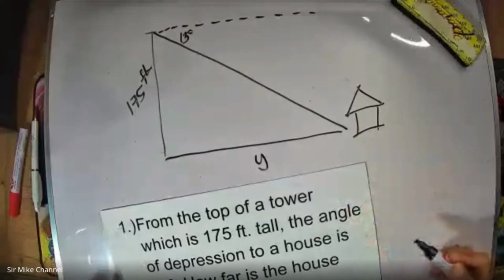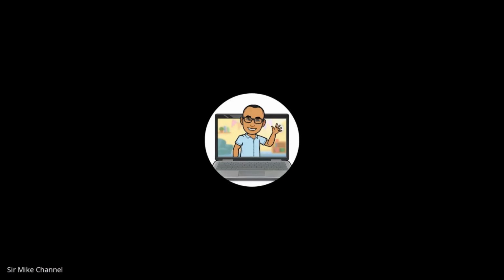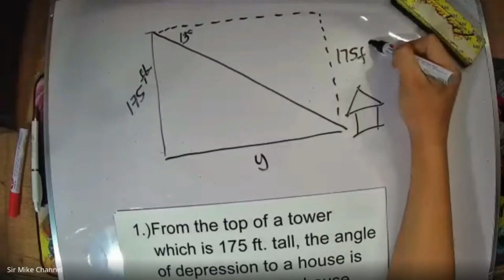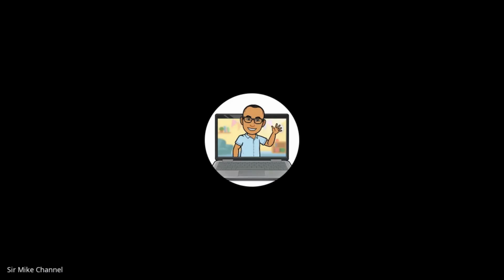Okay, so paano tayo solve yan? Let's say ito yung 13 degrees. So gagawin natin siyang rectangle. So let's say kapag sa rectangle, diba, opposite sides are congruent or equal. So it means ito raw ay 175 feet. So ito naman yung y natin. So ito yung reference. Ito yung magiging opposite natin. Diba? Ito yung adjacent. Opposite, adjacent.